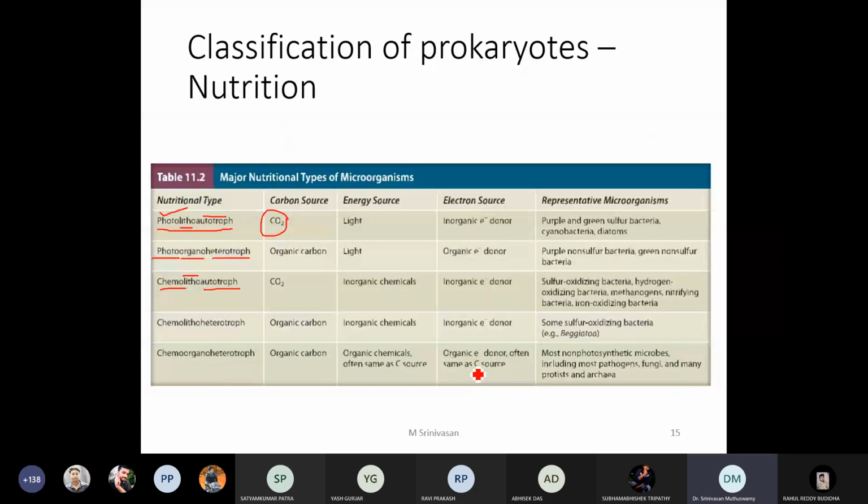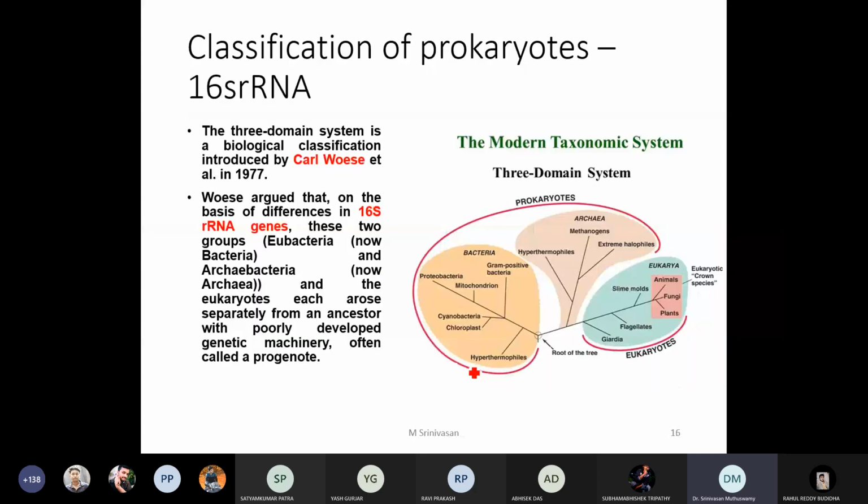So this is all about the physiology-based classifications, and now one of the modern systems of classification. Here we use a specific molecule called 16S rRNA. We will see 16S rRNA when we read about ribosomes. When we go into detail about the ultrastructure of bacteria as well as eukaryotic cells, we will have ribosomes.